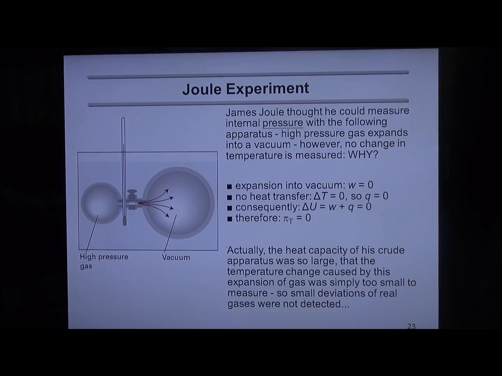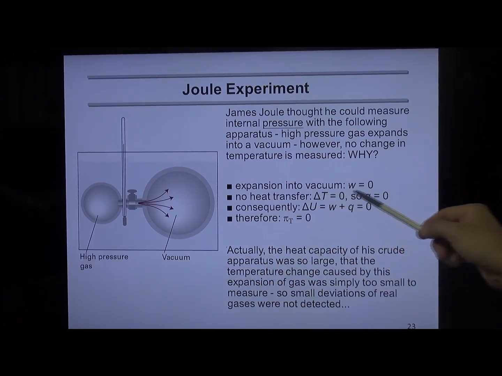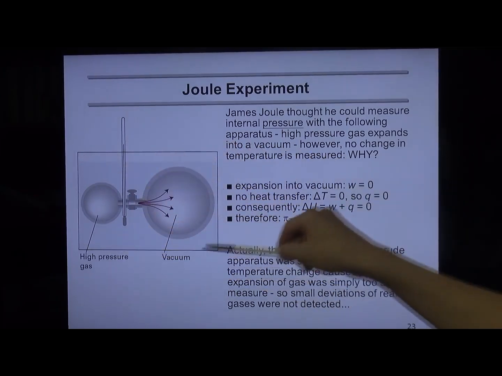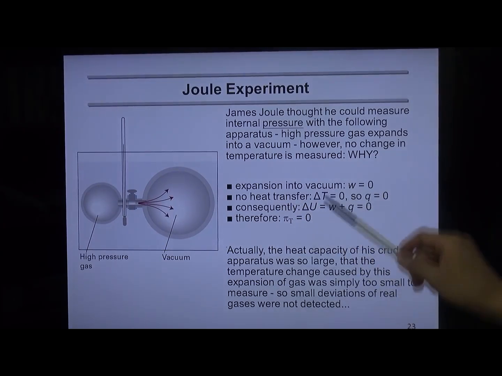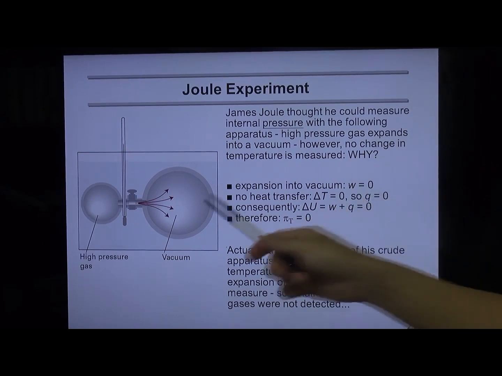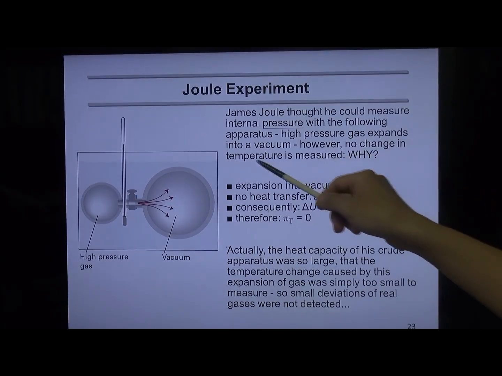Let's first see the result of this experiment. It is free expansion into the vacuum, right? So, work is 0. Total box is adiabatic, no heat transfer. Sorry, he tried to measure the temperature of the water, but he could not measure any temperature change.